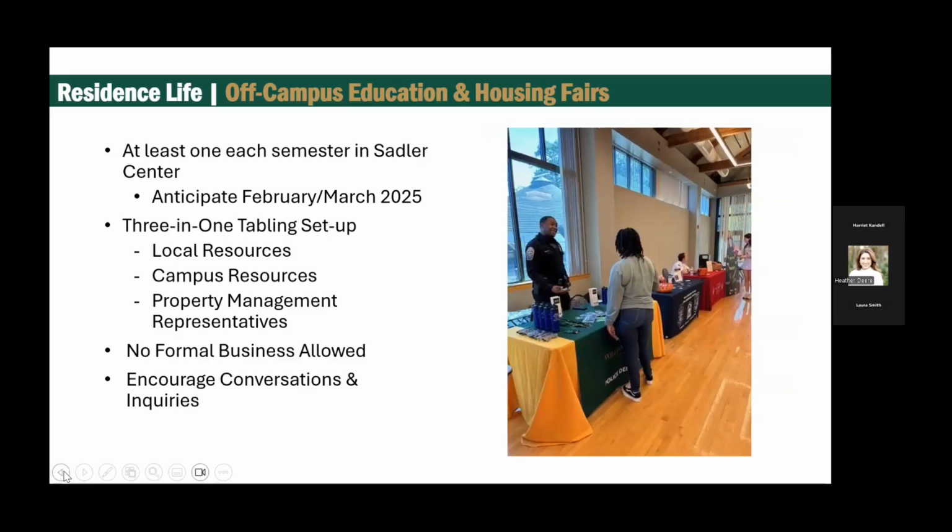There is tabling, and the great thing is that if your students are contemplating living on or off campus, they can connect with off-campus resources from property management representatives. There are also campus resources there, such as financial aid, and how my financial aid works on campus versus off-campus apartments. Local resources are also there. So keep that in mind as an option in the spring.